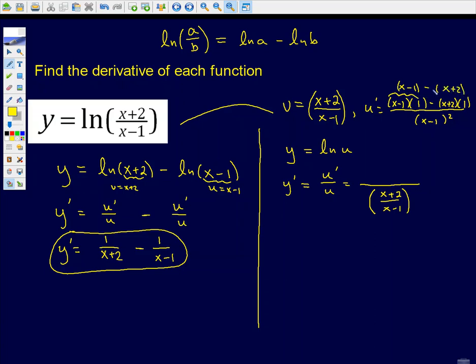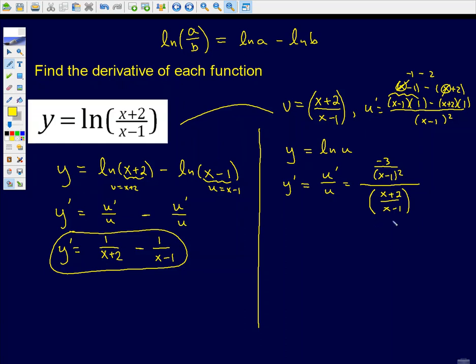Now just be careful. Look, there's plenty of opportunity to make an algebra mistake here. I've got x here minus x, so that's 0. X minus x is 0. But then I've got minus 1 minus 2, and that's minus 3. So my derivative, u prime, is negative 3 over x minus 1 squared.